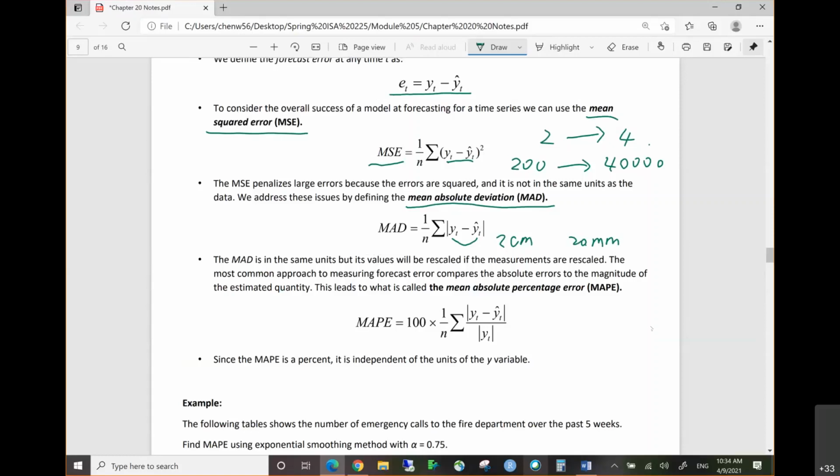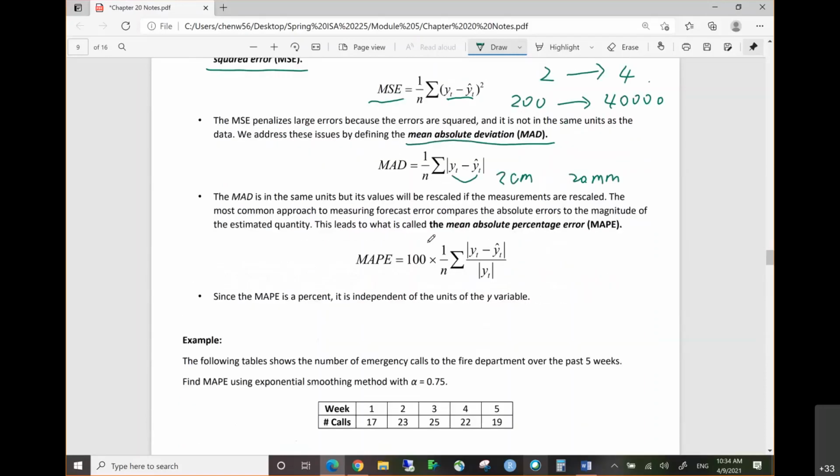Here we introduce another one, which is the most commonly used way to measure the residuals. We call it the mean absolute percentage error, short for MAPE. So what is that? We take the absolute value of the residual as in the MAD, and then what if I divide by what you observed?